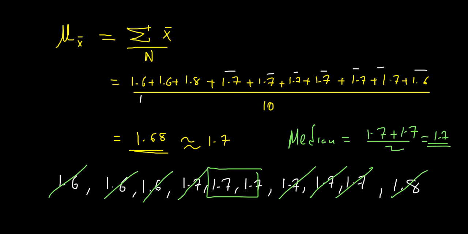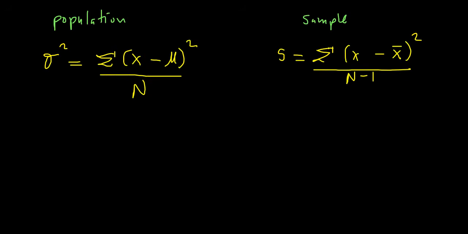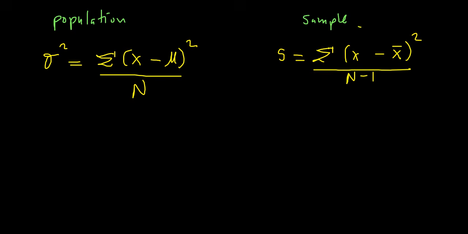So what are we dealing with? Are we dealing with a sample, or are we dealing with the population? We are dealing with a sample, so we'll use this formula here. So what are we going to do? First, we are supposed to find x minus the mean.